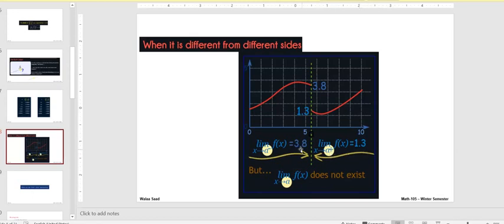Now we have two different values approaching the same x from different sides, and this means that the limit does not exist. As you see here, it is as if a jump happened for the function: it was working from the left, increasing for x, and finally at x equal 5 it jumped to 1.3 and then continued normally.